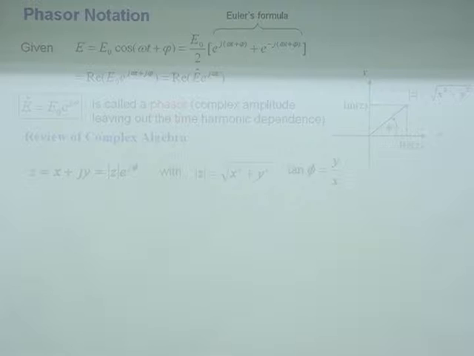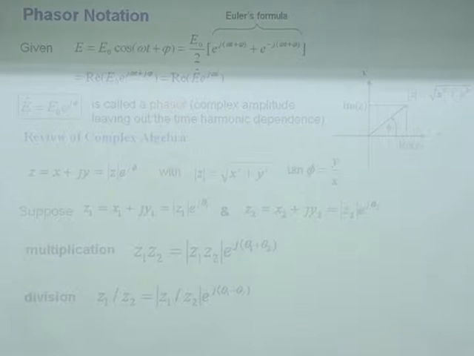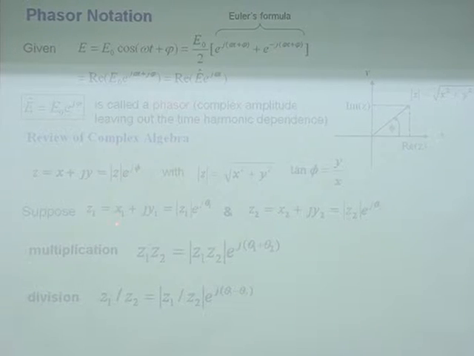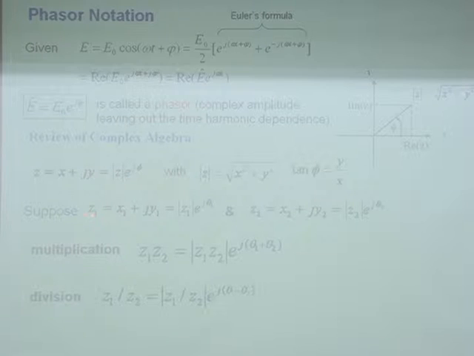Now, let's deal with two complex numbers. One is z1, one is z2, with their corresponding real part and imaginary part equal to x1, y1, and x2, y2. Each of them can be expressed by this polar form.